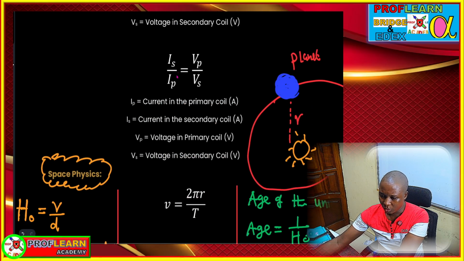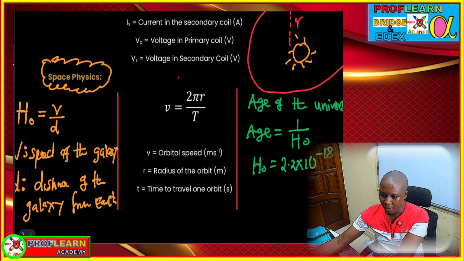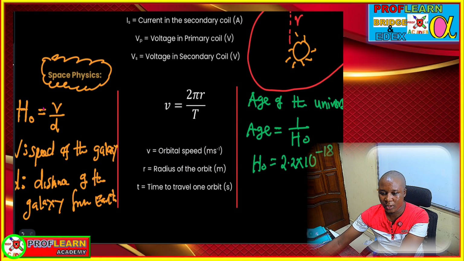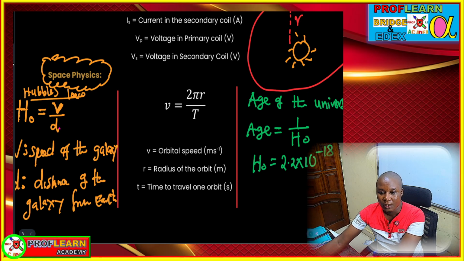You also need to remember, in space physics, that this is Hubble's law, whereby H naught is Hubble's constant, v is the speed at which the galaxy is moving away, and d is the distance between the Earth and the galaxy.